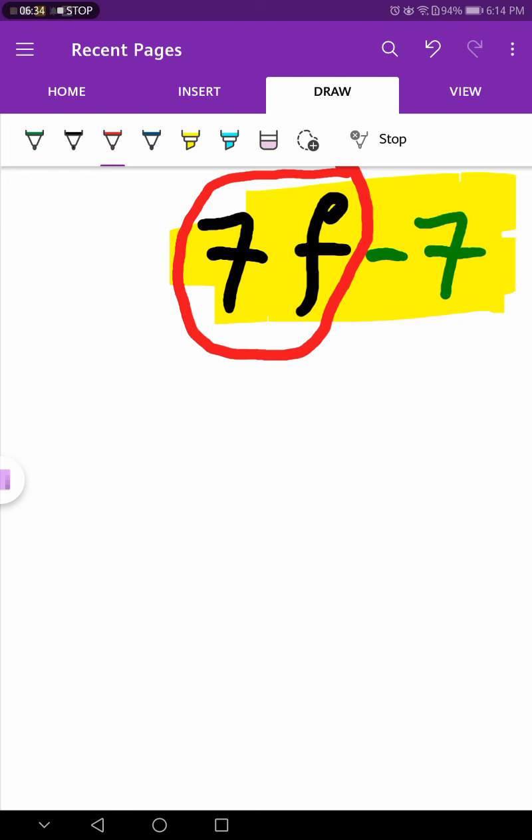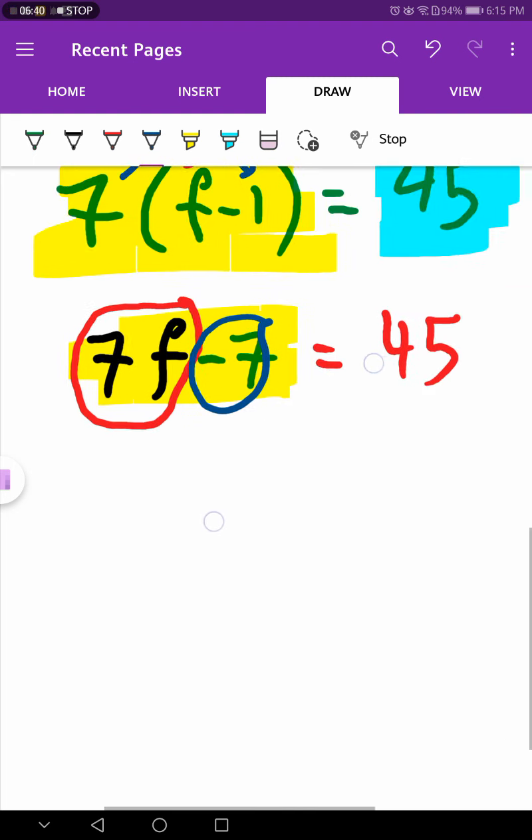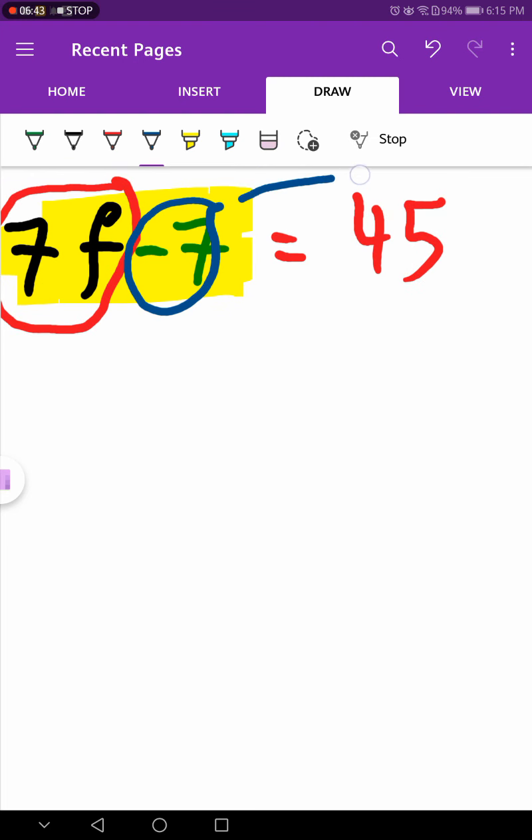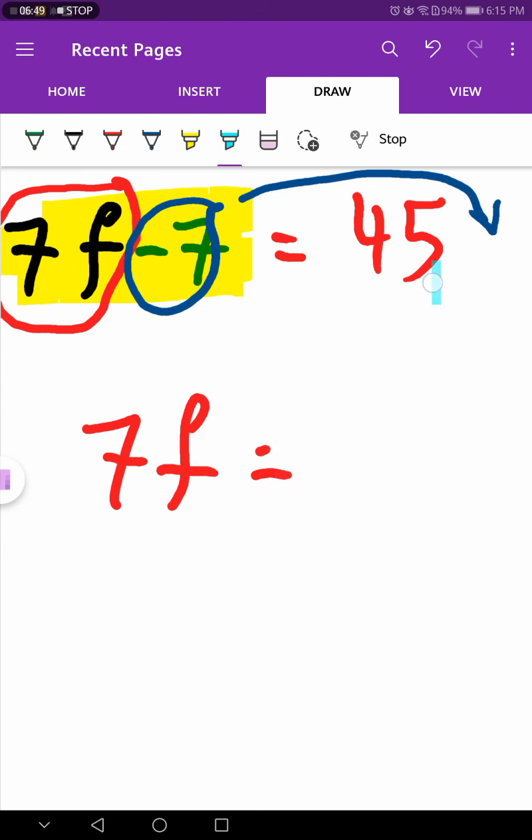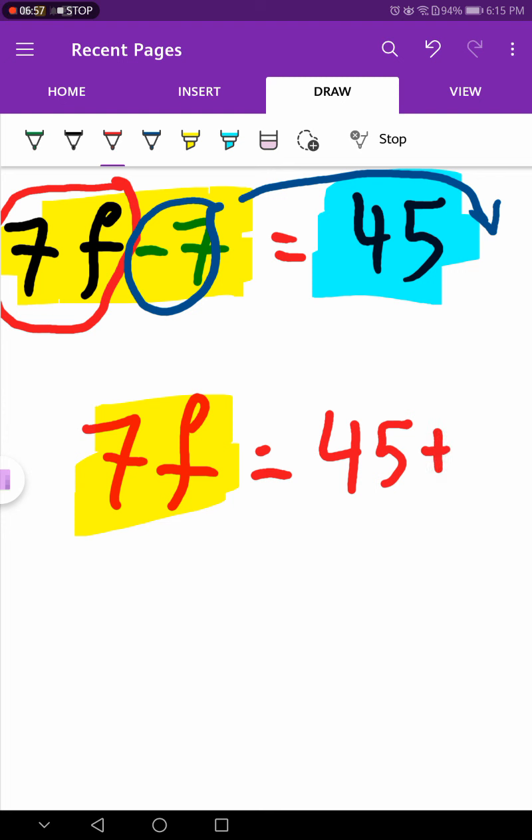So what do I have to do with the negative 7? We throw it to the right side, and we change the sign. So 7f stays in the left side, and 45 plus 7 is in the right. Great, Yaman. You are really helping.